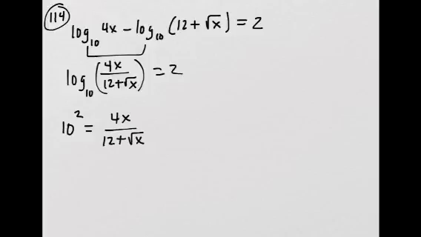Okay. So we're going to multiply both sides by the denominator to get rid of the denominator. So on the left side we have 100 times 12 plus square root of x, and since we multiplied that on the right side, then on the right side we only have 4x. So distribute the 100.